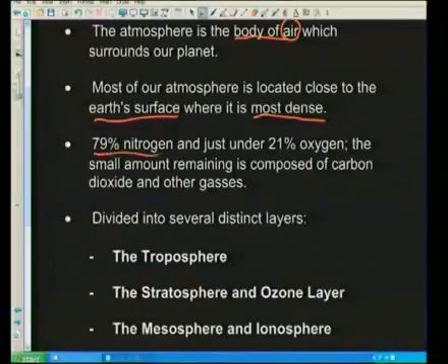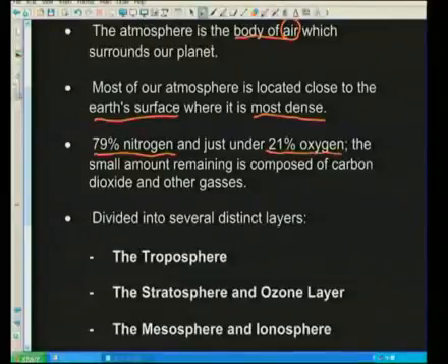Now that air is composed of plus minus 79% nitrogen. Nitrogen is a gas that you and I cannot inhale and use, but we are very dependent on that nitrogen. In the next session we are going to look at the nitrogen cycle and the importance of nitrogen for you and for plants and for animals.